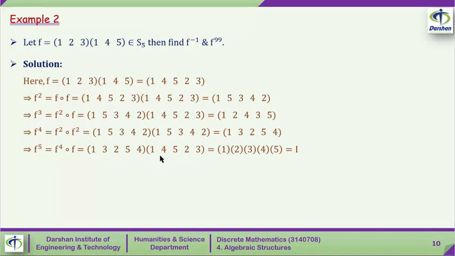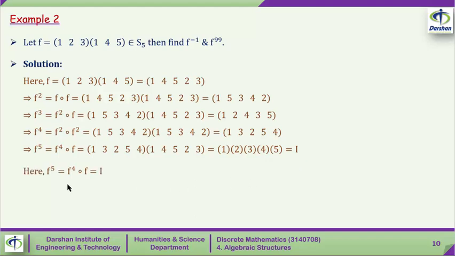Now here 1 goes to 4, then 4 goes to 1, means 1 goes to 1, cycle over. Now 2 goes to 3, then 3 goes to 2, so 2 goes to 2, cycle over. 3 goes to 1, then 1 goes to 3, means 3 goes to 3. 4 goes to 5, then 5 goes to 4, so 4 goes to 4. 5 goes to 2, then 2 goes to 5, so 5 goes to 5. So this is an identity element.